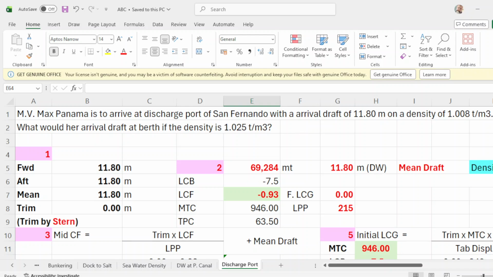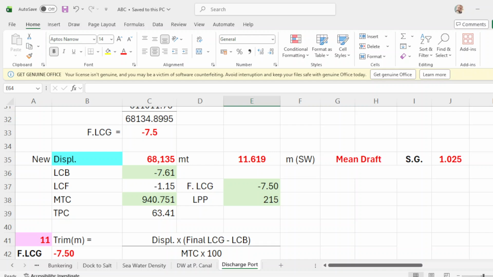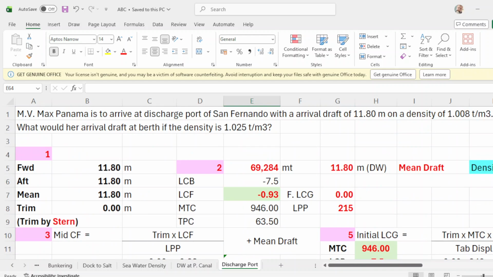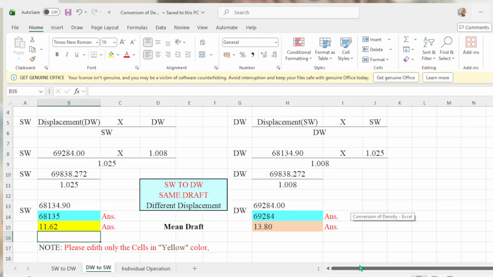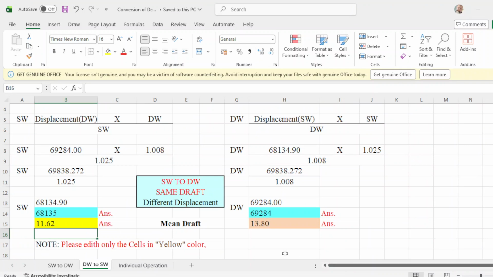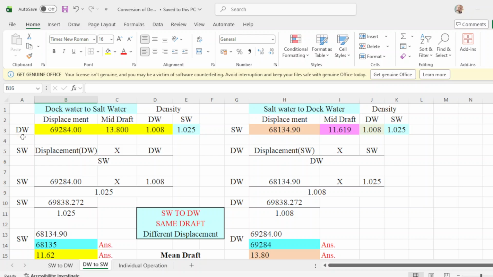So you don't have to go through all the process here, it's only asking what will be your mean drop when you go from the density of 1.018 going to 1.025. So I have here a quick computation or format of how to go from dock water to salt water.